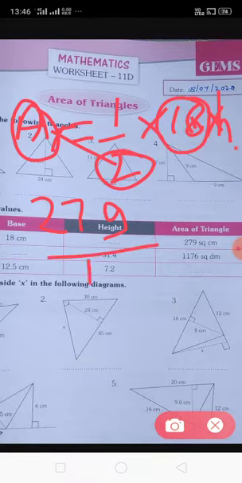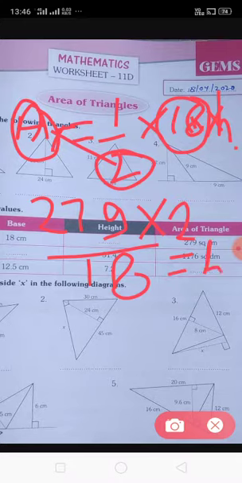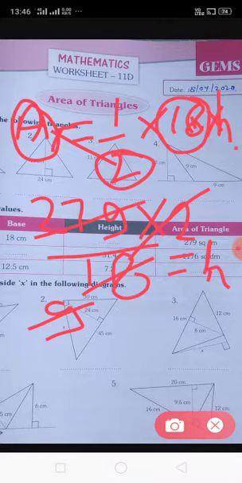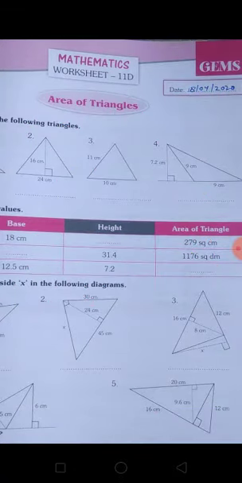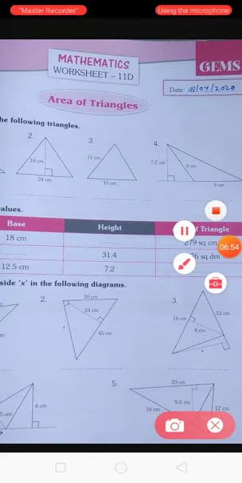So write 18 in division and 2 in multiplication, and this gives your height. Simplify it: 2 nines are 18, 9 threes are 27, and 1. So your height is 31. In this first case, your height is 31 centimeter. Now the other part you try yourself.